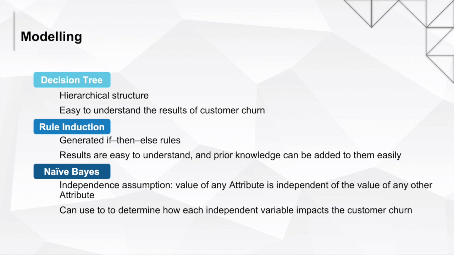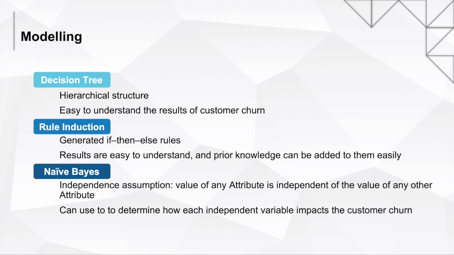The decision tree model will generate a tree structure result. The leaf node indicates the class label, and the branch indicates the testing result. The hierarchy structure is easily understood and gives us a clear picture of which type of customer will churn and which will not.